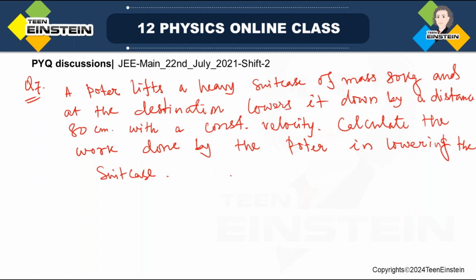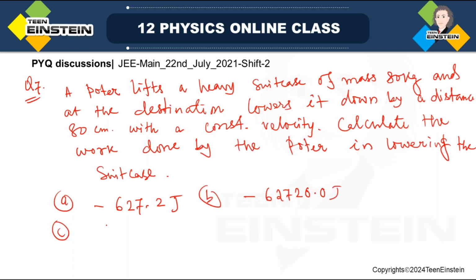Okay, so you have to find out the work done. There are 4 options. Option A, minus 627.2 joule. Option B, minus 784.0 joule.